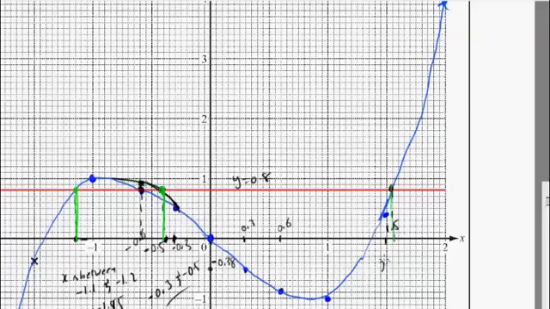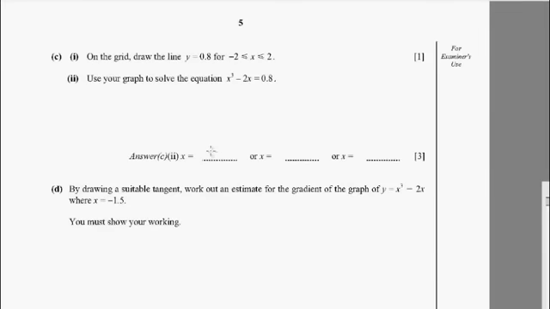So this point here, we can say x is between 1.5 and 1. Or you can write the interval, and that would be how you do that one.